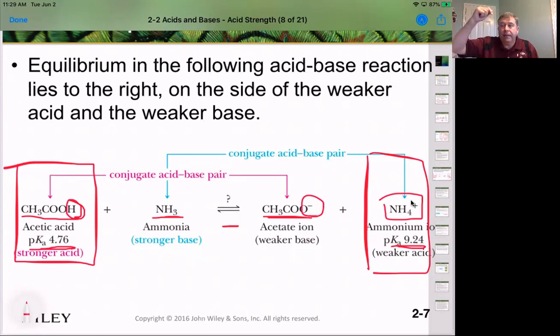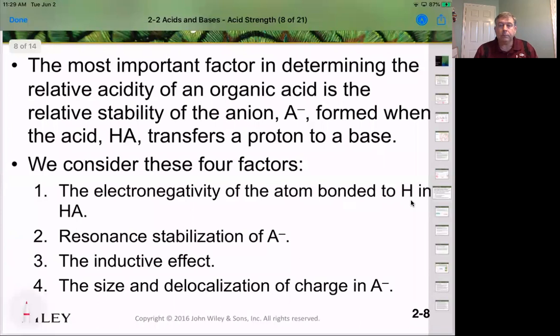Remember, our pKa value goes from very high on very weak acids to very low, to negative numbers, on very strong acids. So this 4.76 is less than 9.24, meaning this is the stronger acid, meaning that the equilibrium is going to lie in the direction of the weaker acid.